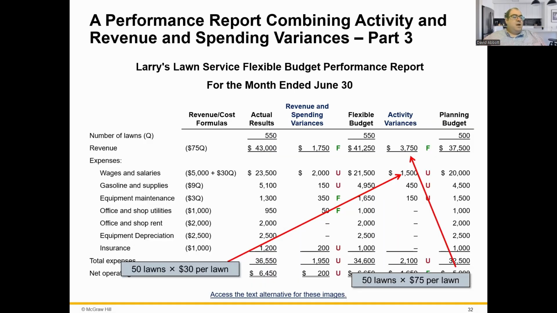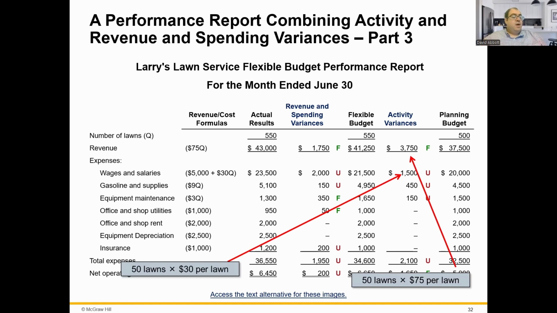The activity variance can be computed by taking the difference between the flexible and planning budget columns, or by taking the difference in activity level between the two columns and multiplying it by the variable rates shown in the revenue/cost formulas.